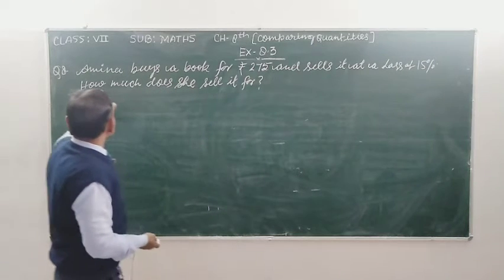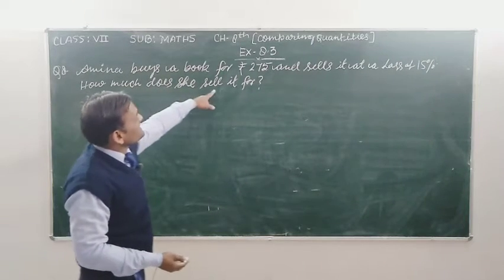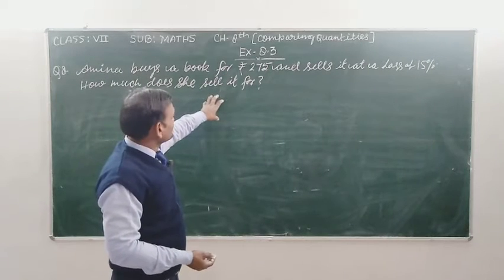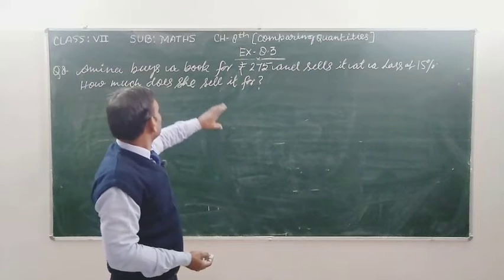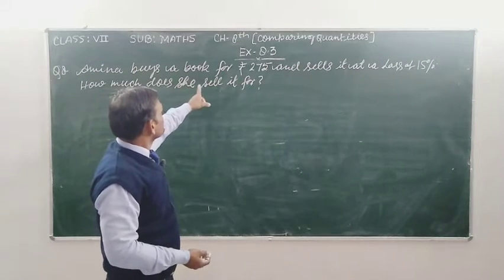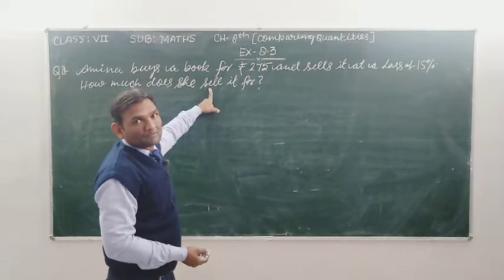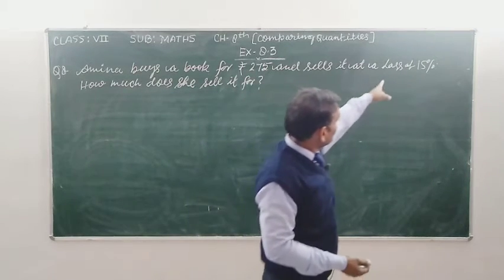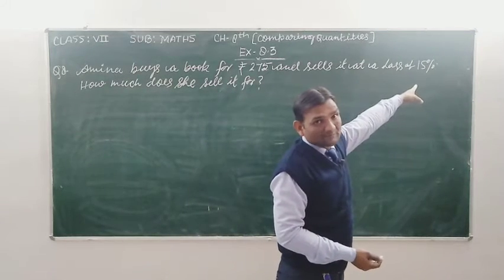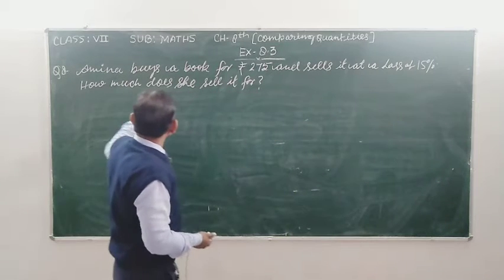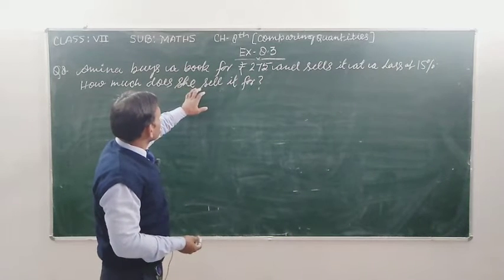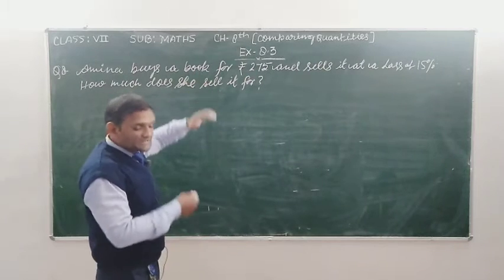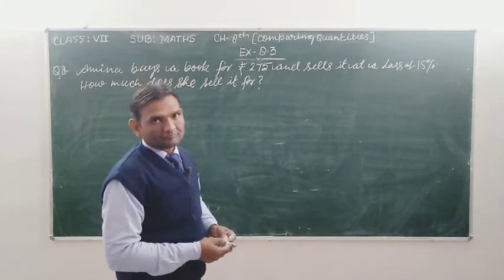So the question is asking me how much does she sell it for? The question is asking for the amount of the selling price. कितने रुपीस में सेल किया? This is the loss, not the selling price. So the question is asking me the SP of the book. कितने में वो बुक को बेचेगी?